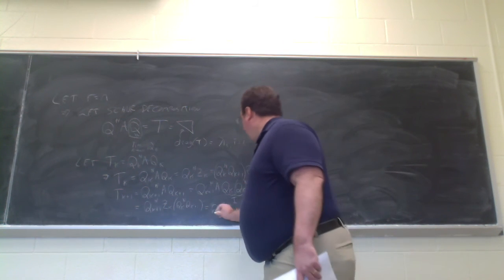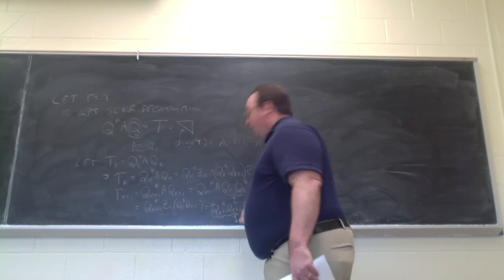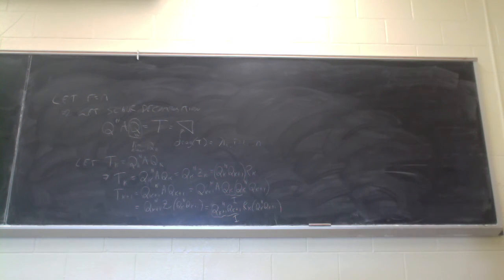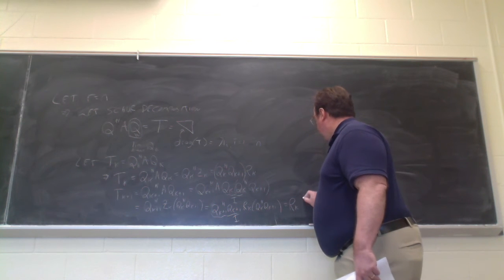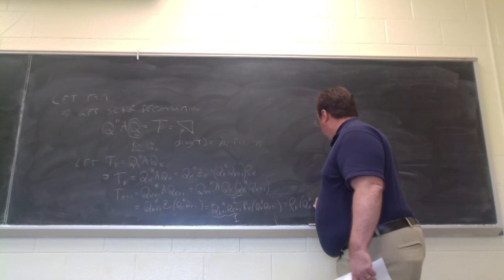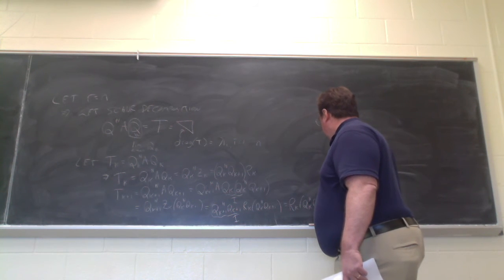But these cancel and become identity. So what's left is R_k Q_k Hermitian transpose Q_{k+1}.